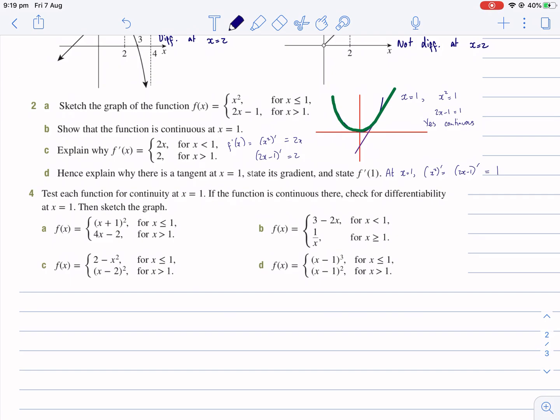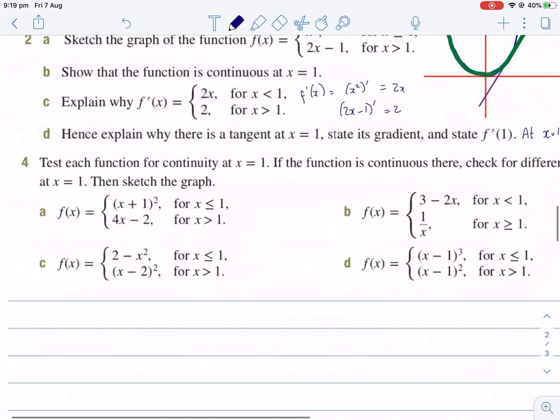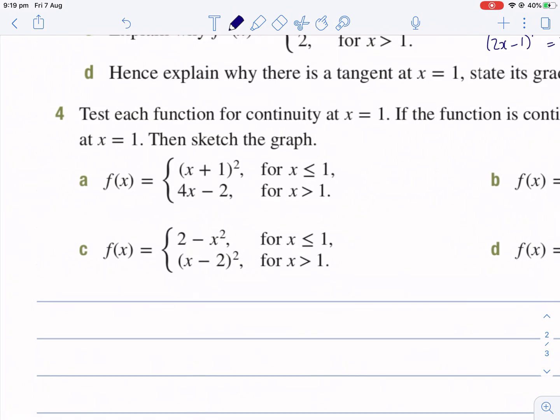Test each function for continuity at x equals 1. Check for differentiability at x equals 1. Okay, and I'm not going to sketch the graph. So at x equals 1, 1 plus 1 squared equals 2. 4 times 1 take 2 equals 2, therefore continuous. f dash x is going to be 2x plus 1, or 4.